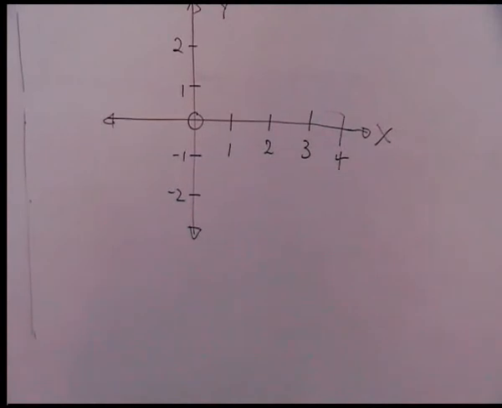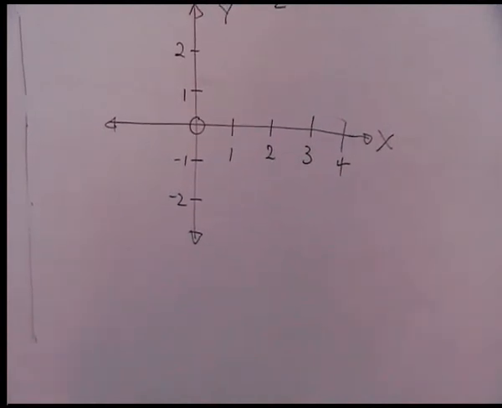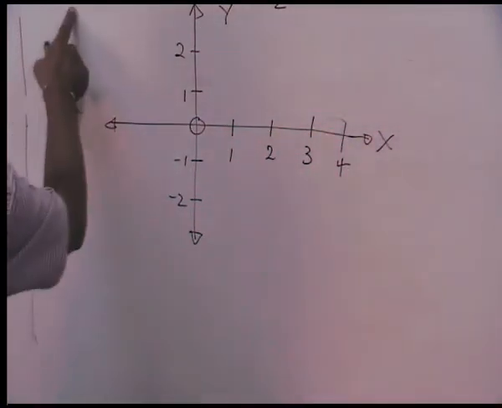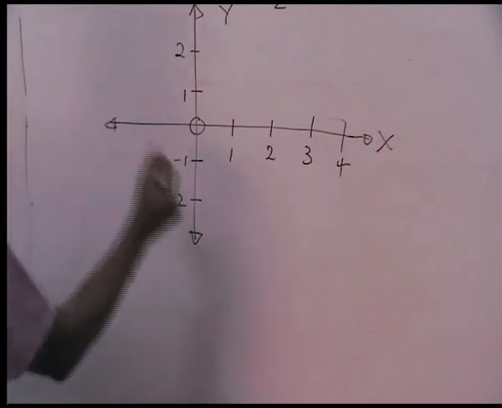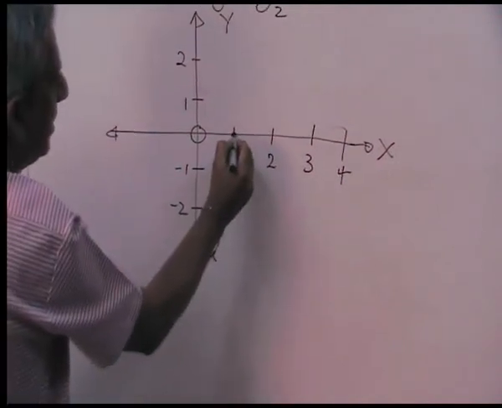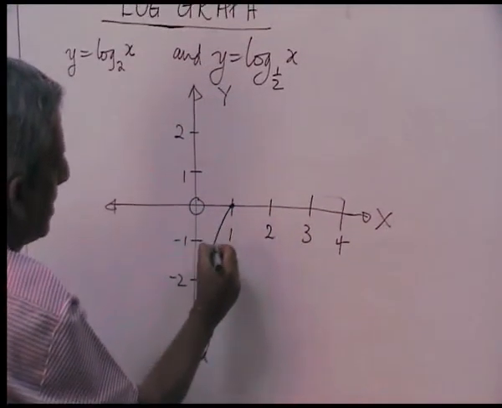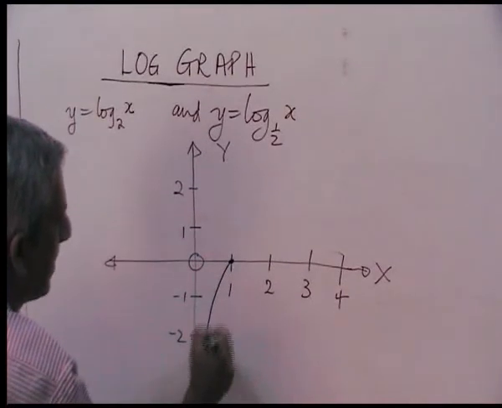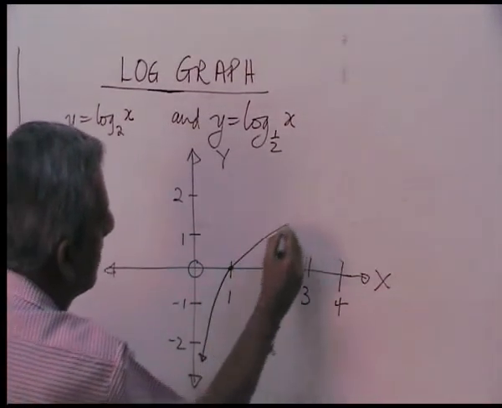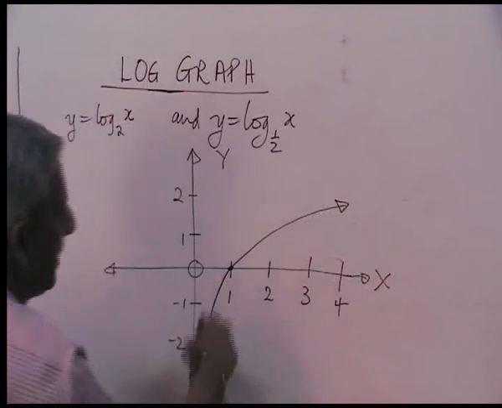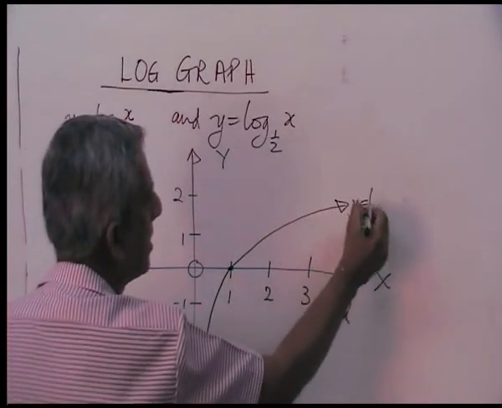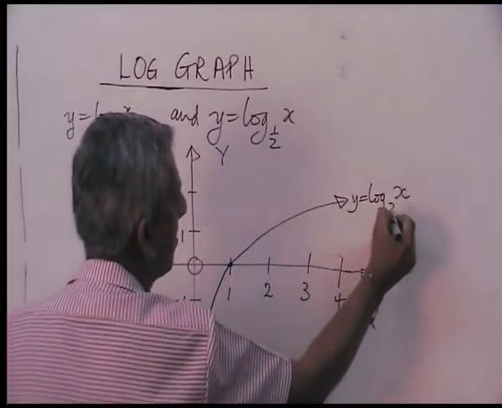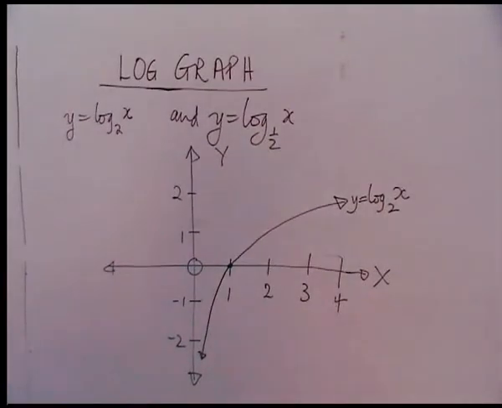So what I'm going to do now, just to give you a comparison, I'm going to draw the two graphs on the same system of axes. If you draw the graph of y is equal to log of x to the base 2, it'll pass through here and it'll come down here and it'll go up that way, and that will be the graph of y is equal to log of x to the base 2.